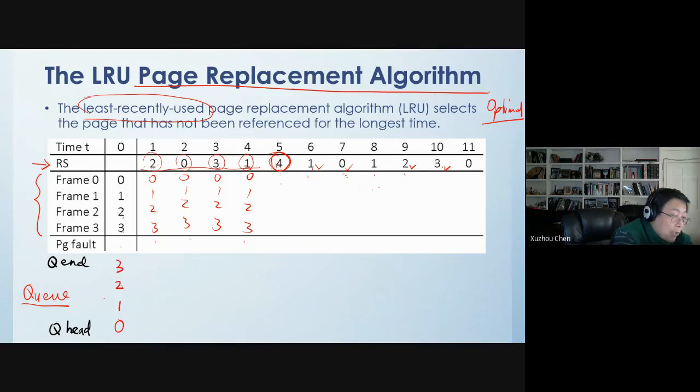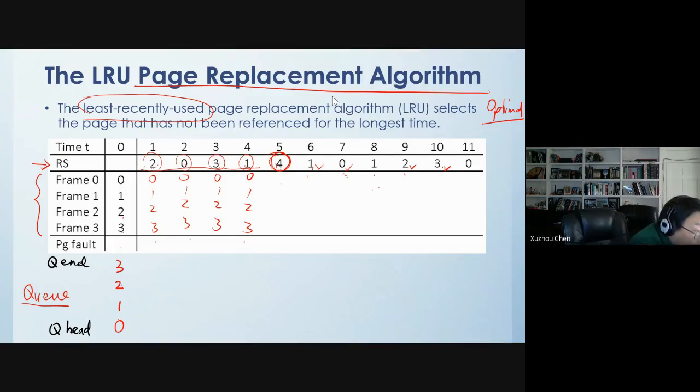So page 0 is at the head. The least recently used page replacement algorithm is going to update the queue frequently, even though the page is already in the physical memory.